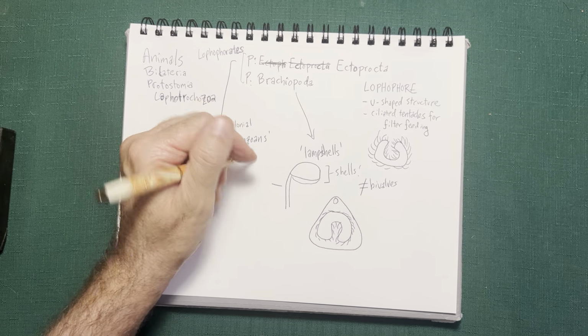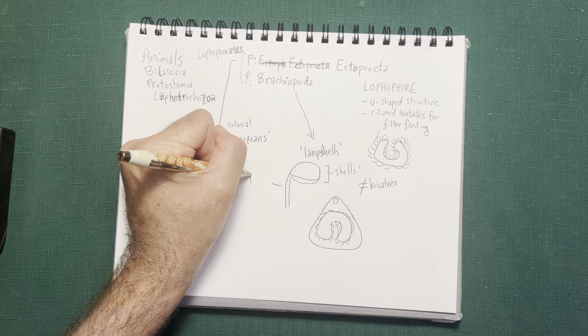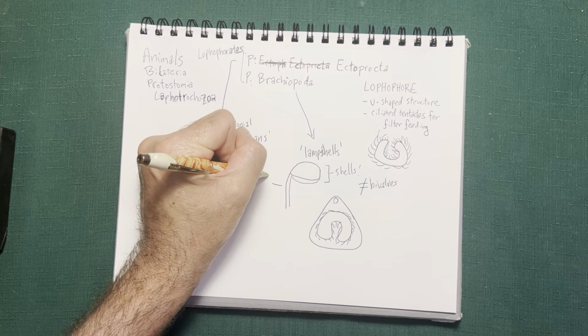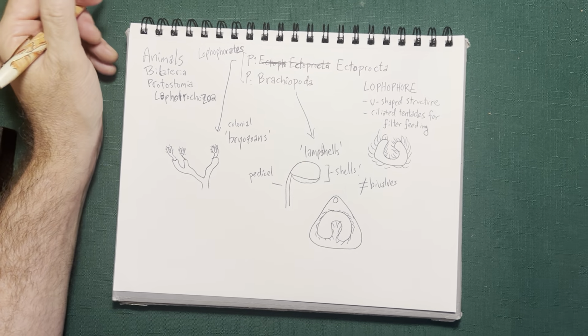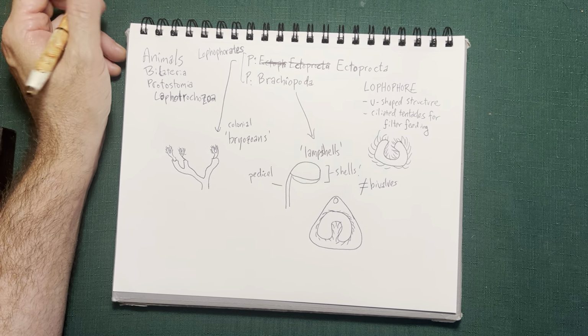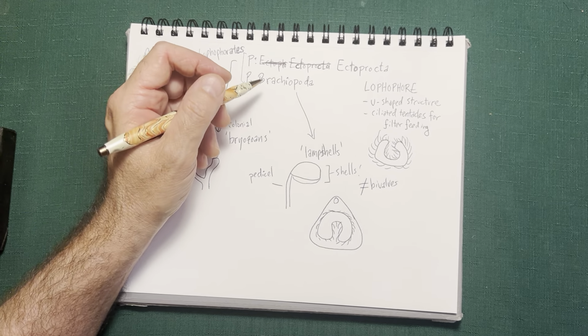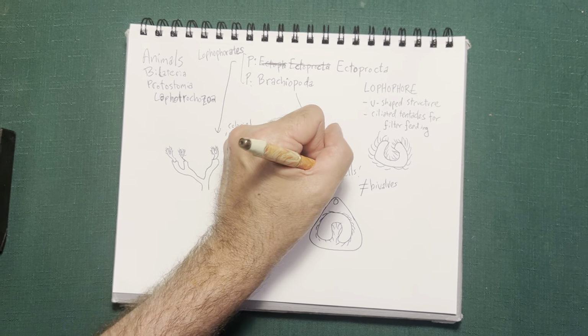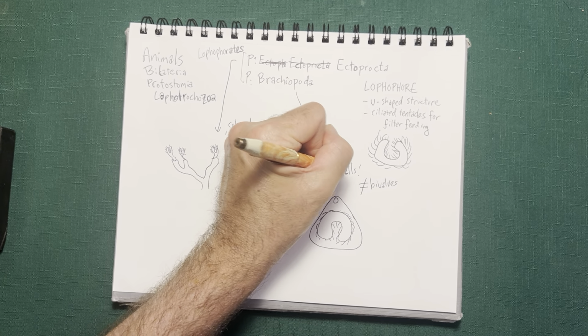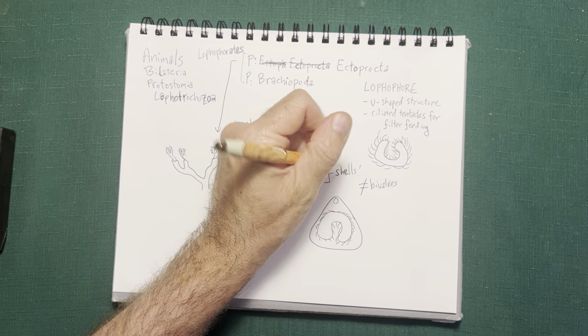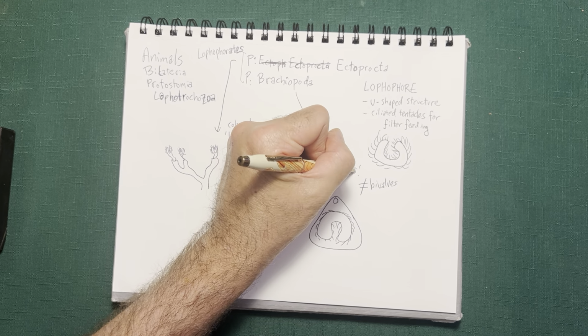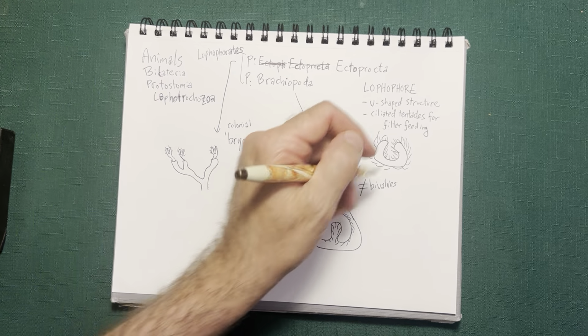Many of them have a stalk on them, kind of like a plant stem, called a pedicel. And the shells are very important fossils for helping us to age different sedimentary strata.